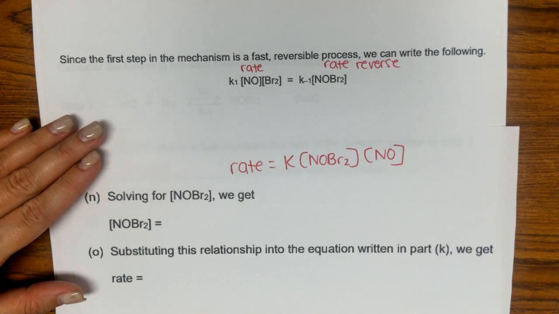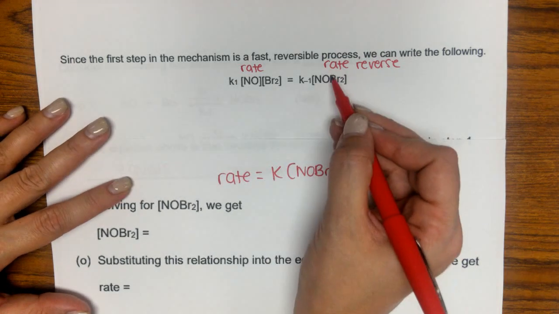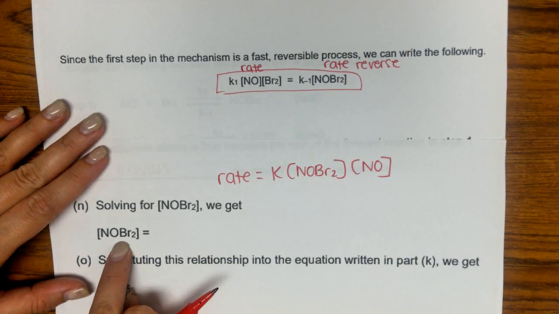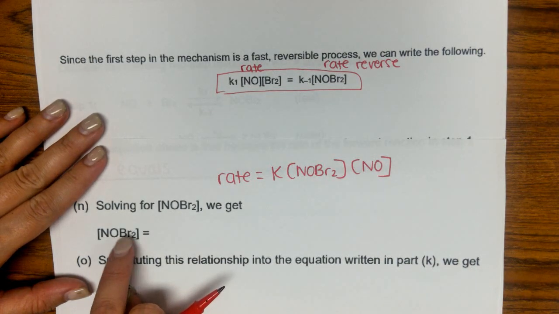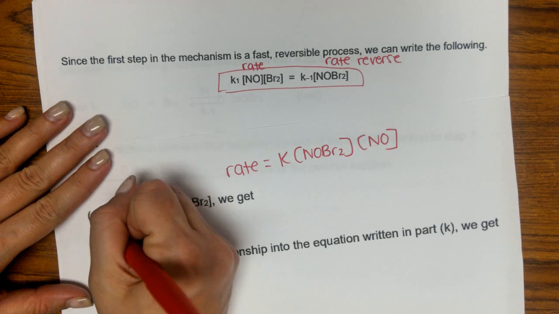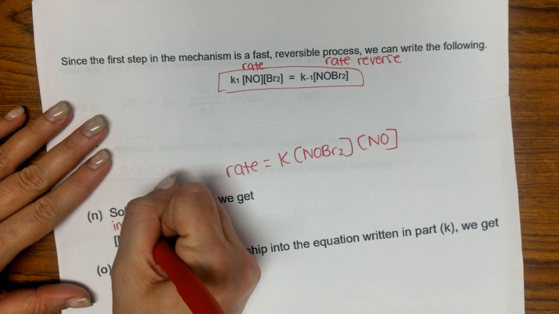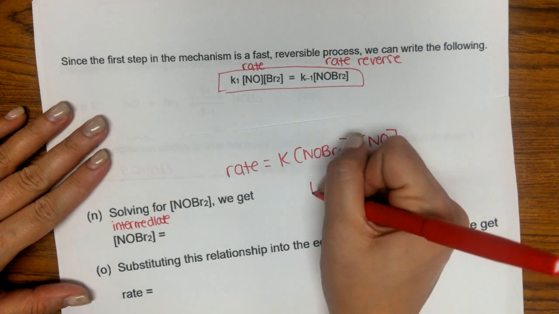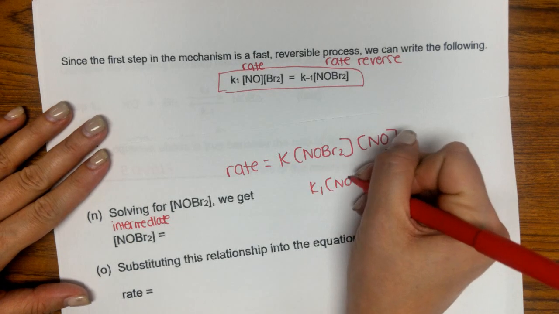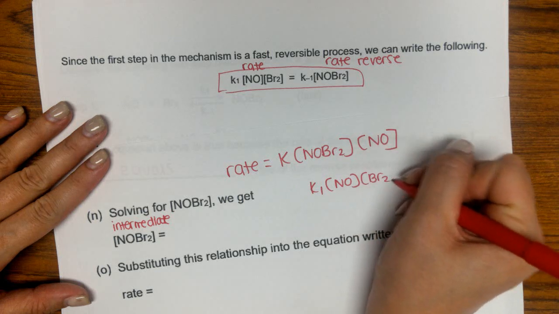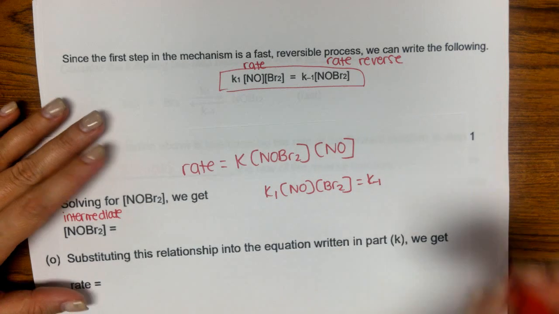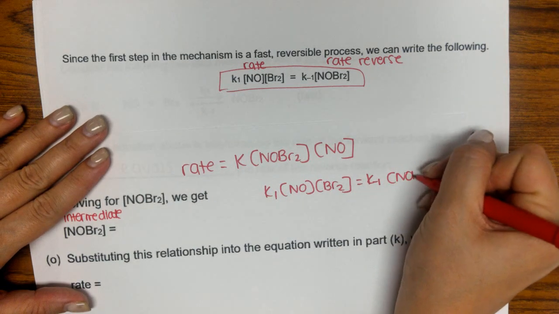And so I'm actually going to rework this one to get NOBR2 isolated, and I want to isolate that because that's my intermediate. And so really fast, my K1 NO BR2 equals K -1. I just write -1, so I remember it's the reverse, NOBR2.